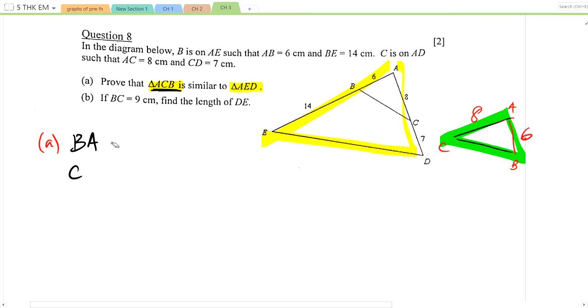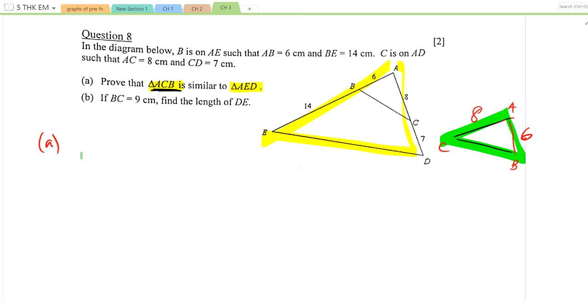What is the ratio of the sides that we want to compare for the big triangle and the small triangle? BA equals to DA? Why is BA equal to DA?